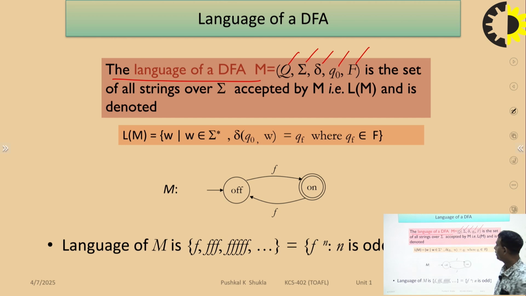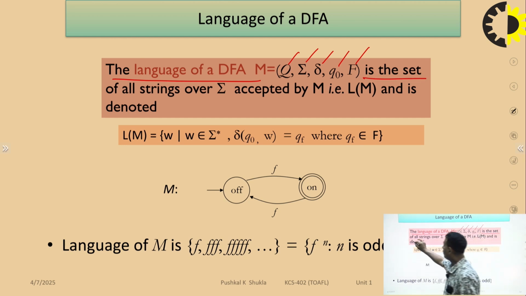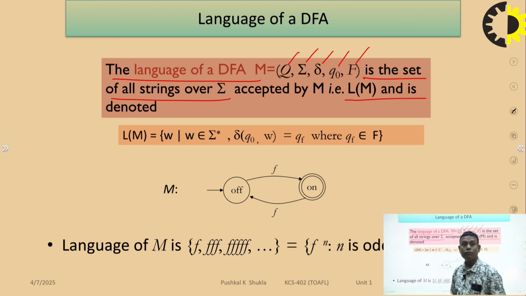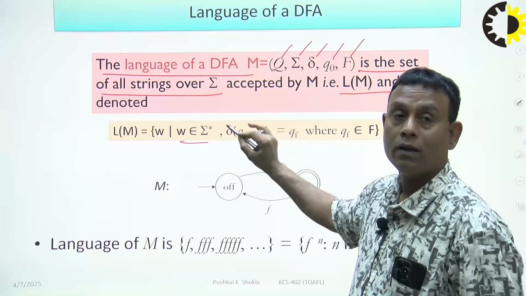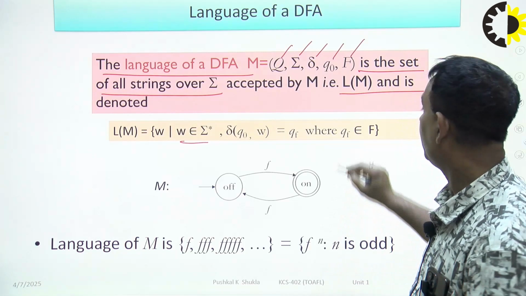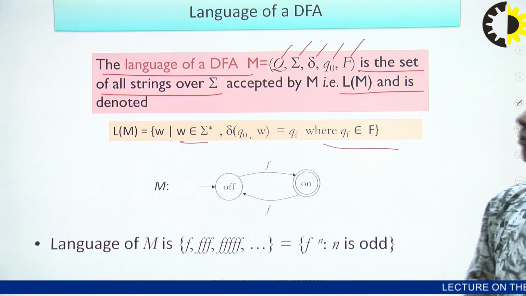The language of a DFA is the set of all strings over sigma accepted by M, denoted L(M) equal to {w | w is an element of sigma star such that delta(q0, w) goes to a final state qf, where qf is an element of F}.